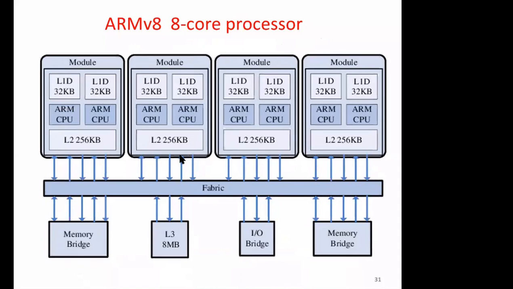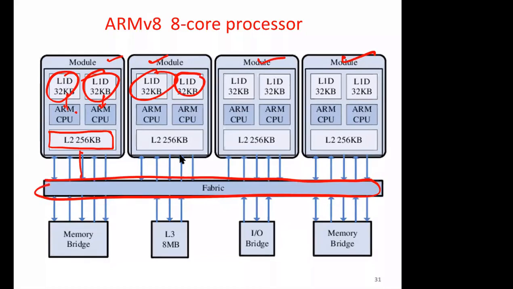It's obviously a multi-core architecture, and you can see that there are 4 modules. Each CPU has one level 1 cache, and for 2 CPUs there is one level 2 cache, and then it's connected through an interconnection fabric to the L3 cache here.